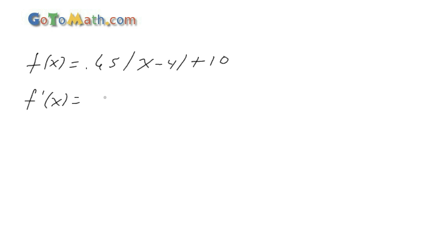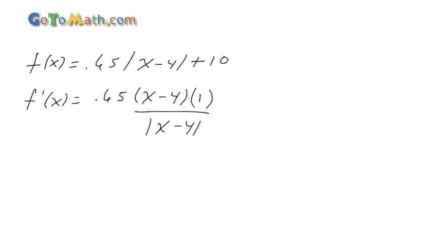Of course, don't forget we have to rewrite this coefficient here, so 0.65, rewrite what's in the absolute value, and then we take the derivative of what's in the absolute value, put it out beside it, and that's just going to be 1, and then we're going to write all that over the absolute value of x minus 4, and of course the derivative of 10 is just 0. So then the next thing we do is set this thing equal to 0.